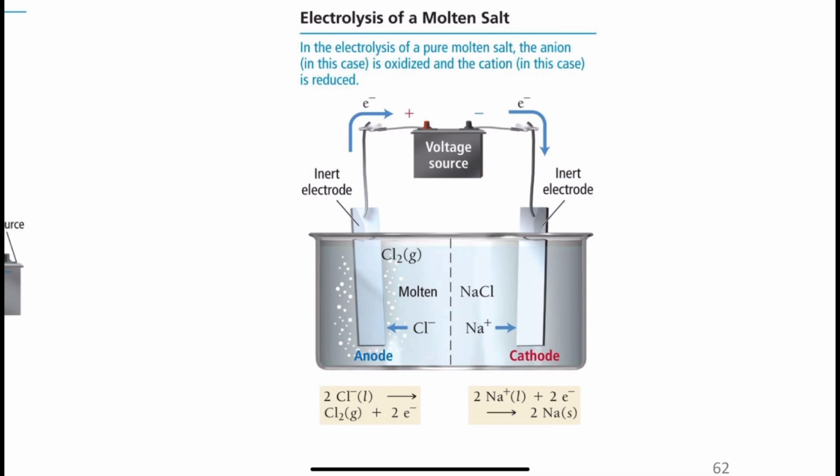Now, what do I mean by molten? Molten means melted. It means the salt is not dissolved in water; no water is present. The melting point of sodium chloride is 801 degrees C. Again, no water is present here.